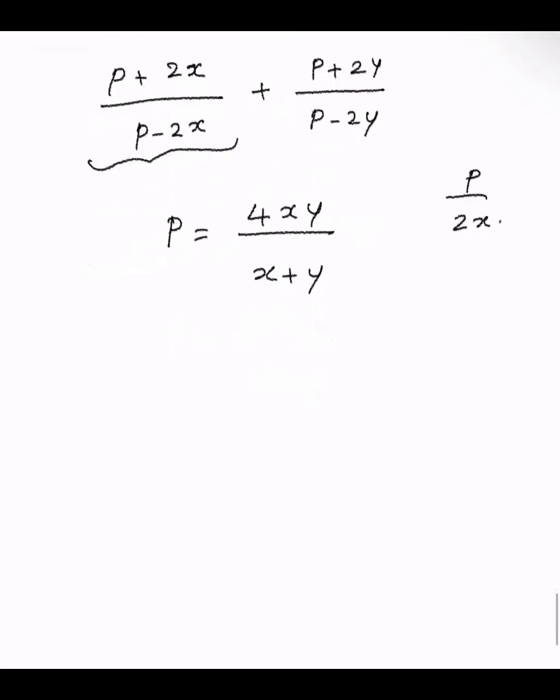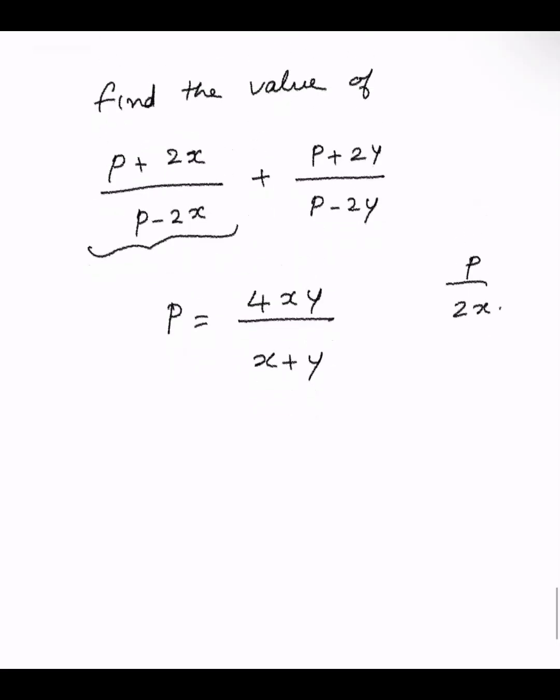So for that, I take 2x from this. From where? From here, I am taking 2x. I have 4xy, so 4xy is given to me. I am going to take 2x from there, so I get p divided by 2x.